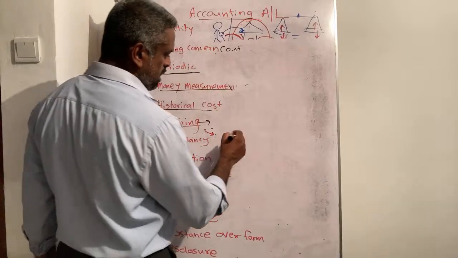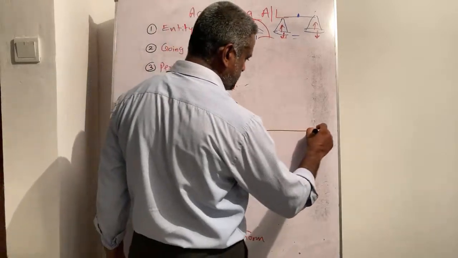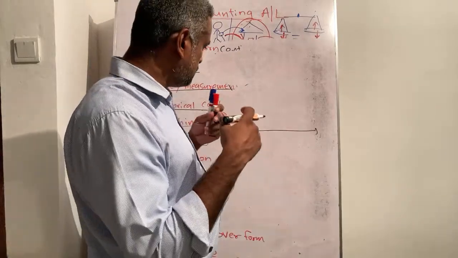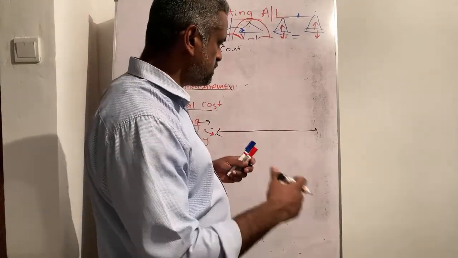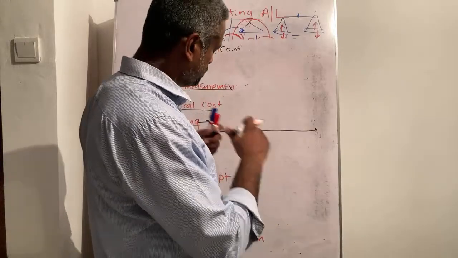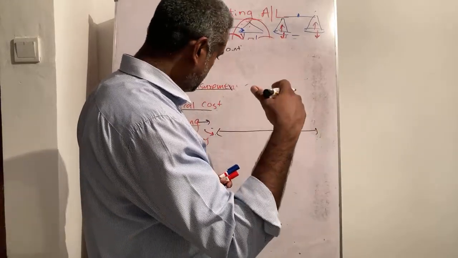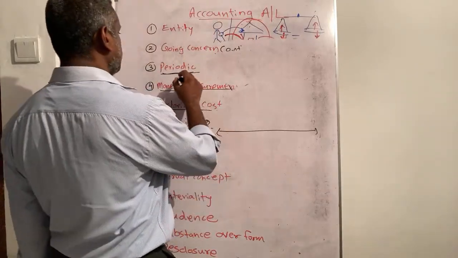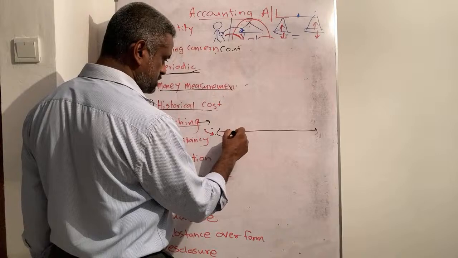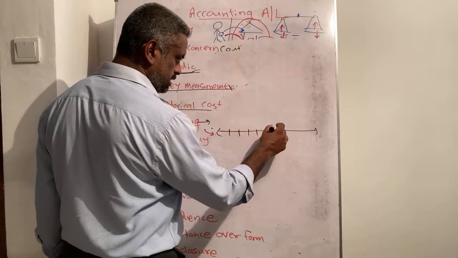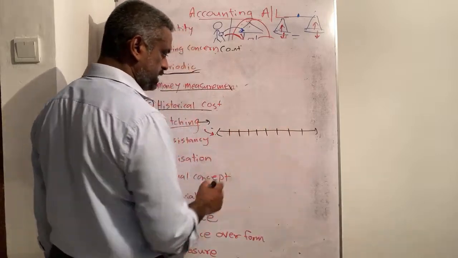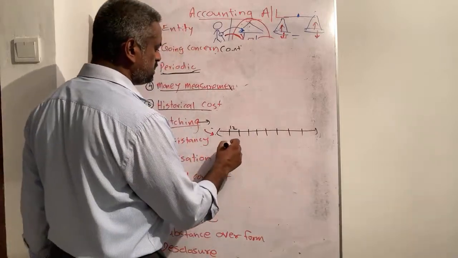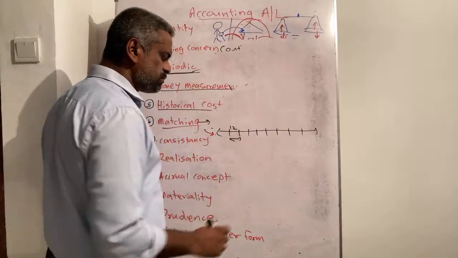I told you, you have the going concern concept, that is, you are assuming that your business will go many years ahead, right? With the periodic concept, you are segregating into individual, shorter periods. It may be basically 12 months, which means 1 year.